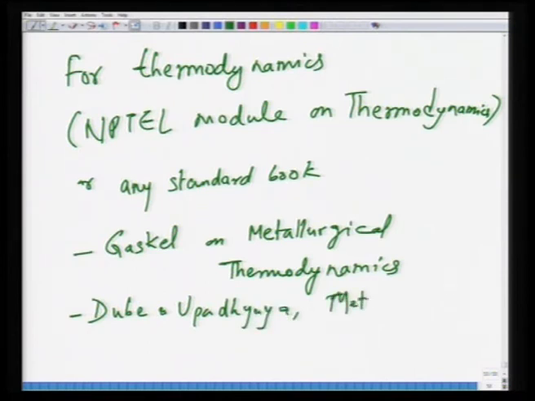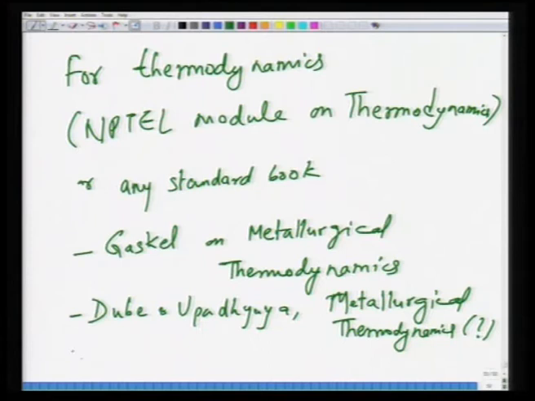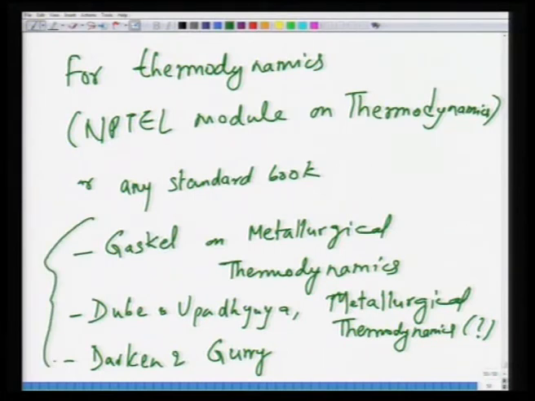Again, I forget the title, I think it is metallurgical thermodynamics again. Check the title, I am putting a question mark here. And then another one is Darken and Gurry, I think, and this is called Physical Chemistry of Metals, something like that. So, for any of these three books, you can just do a Google search to get the right titles, and these must be available in the library in most institutes. So, follow any of these books or the NPTEL module to get into the basics of thermodynamics.